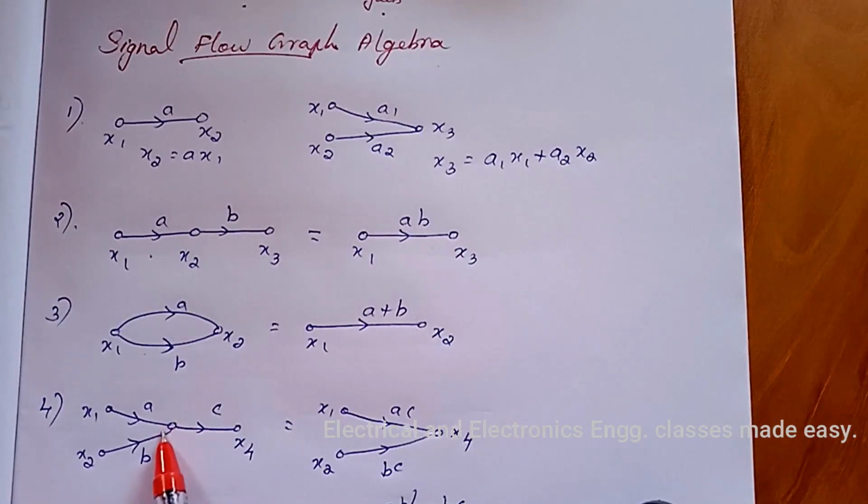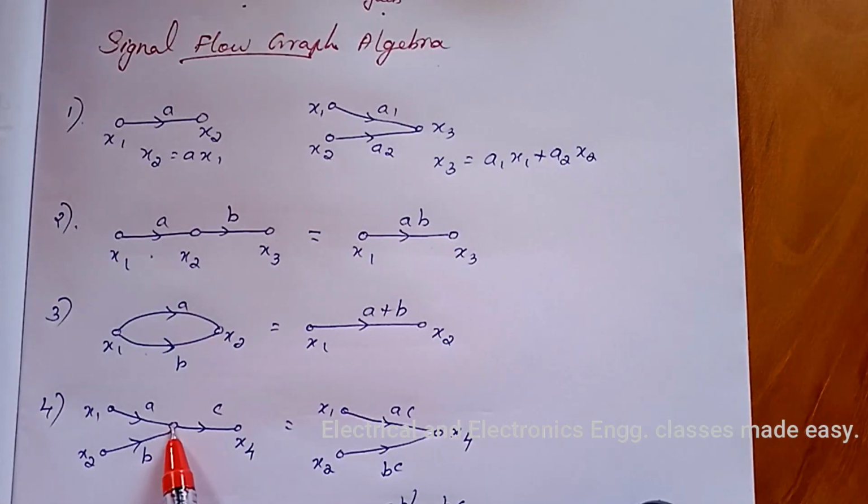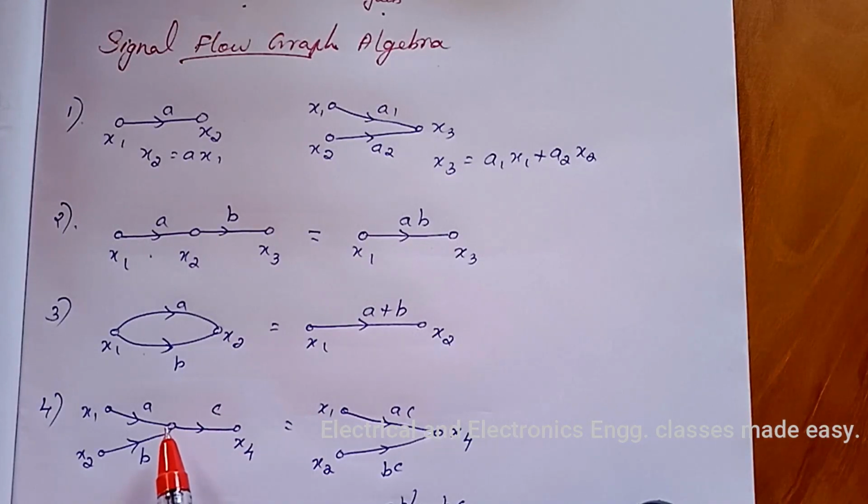So this is a mixed node, that is, here incoming and outgoing branches are there. So this is a mixed node and this can be eliminated by multiplying the transmittance of the outgoing branch to the transmittance of all incoming branches.